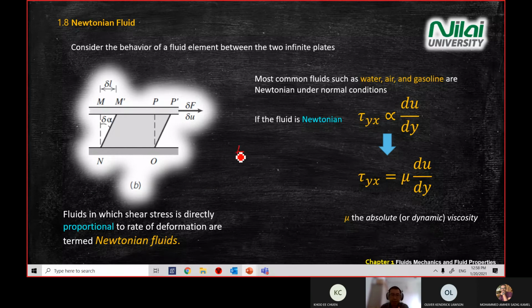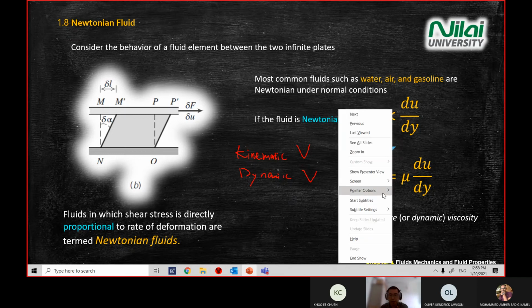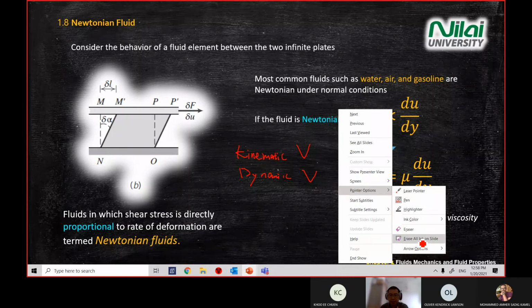Just for info, we have kinematic viscosity and dynamic viscosity. So we'll look into it in detail.